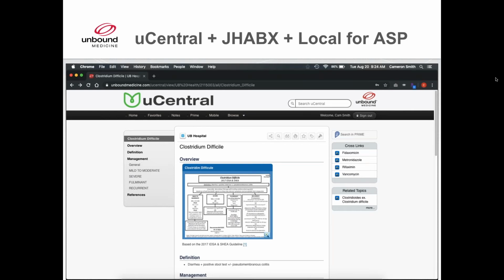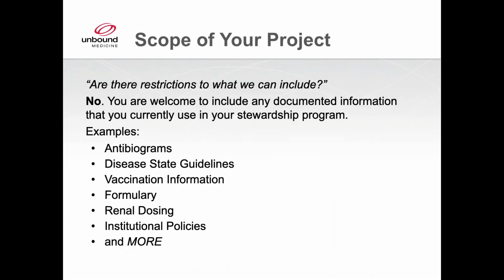Now we have a better understanding of the uCentral platform and how we use it to load and push out your local content. We then saw the integration with the Johns Hopkins guide. Now, what can be included in one of these local projects? Basically, are there restrictions to what we can and can't include?